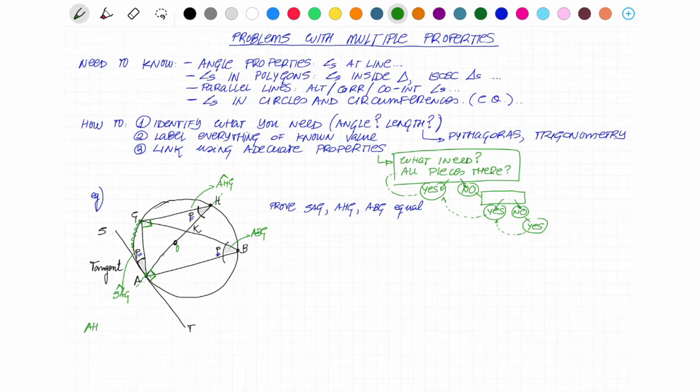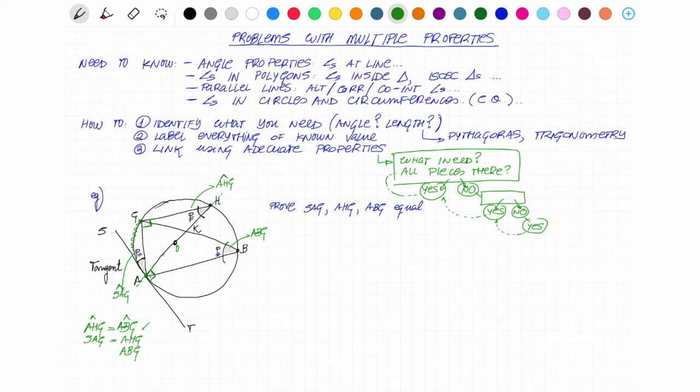So I realize that proving that AHG and ABG are equal, that's going to be a one-step thing. I can do that. Then I'm going to have to prove that either of these is equal to this SAG that they gave me.